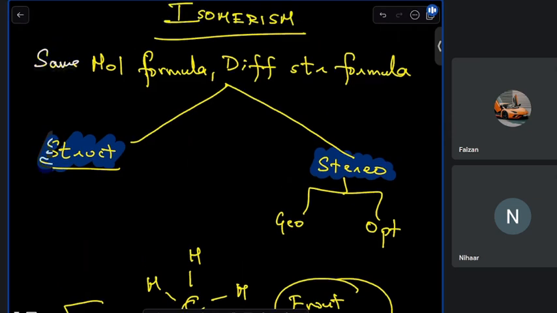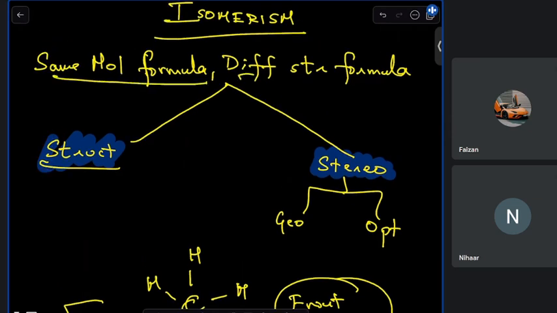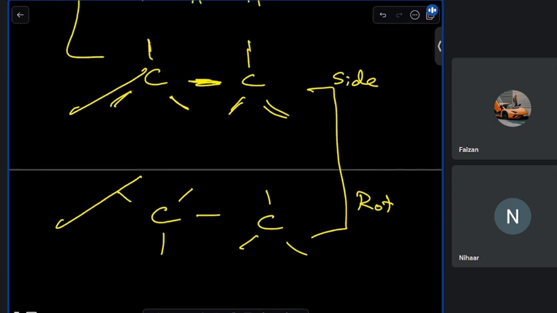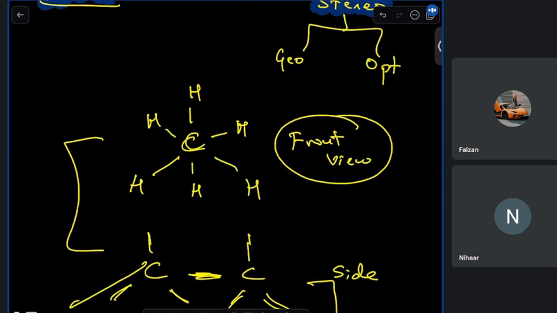What we learned initially was same molecular formula but different structure. Look at this and this. Both have the same molecular formula but different structure. In this case, rotation was possible because it was in space. Wherever rotation is possible and the carbons have the same molecular formula but different structural formula, that concept is called stereoisomerism. That's it.